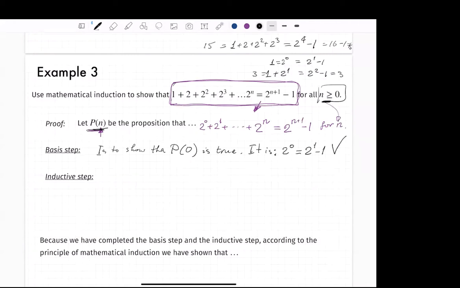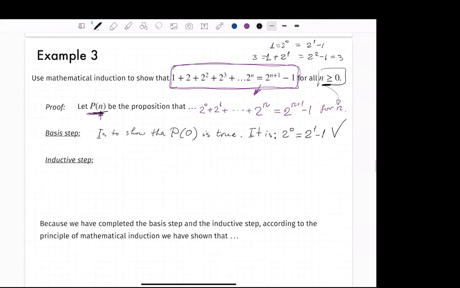How about the inductive step? What's the inductive step? We should probably be doing Simpson's clouds here. The inductive step is what you suggested at the very beginning of this class: P of k implies P of k plus 1.